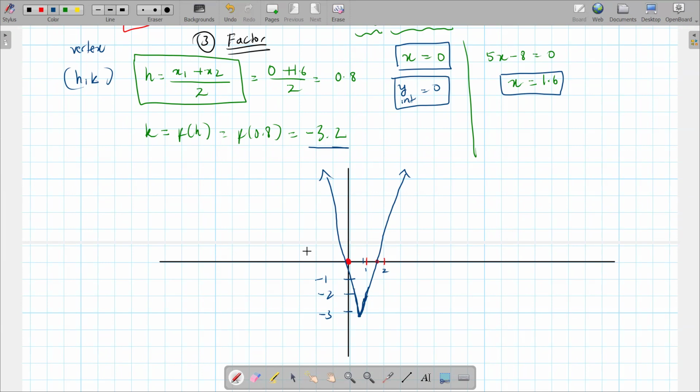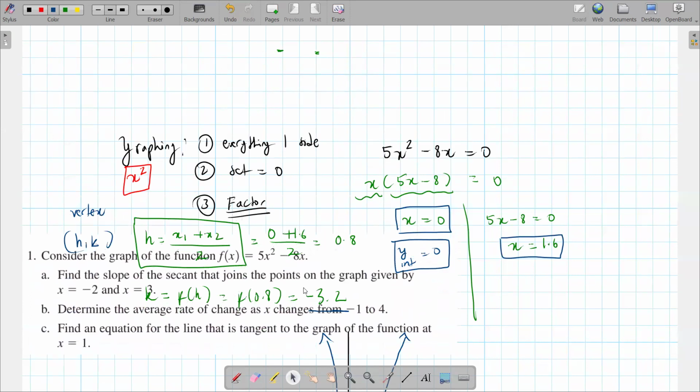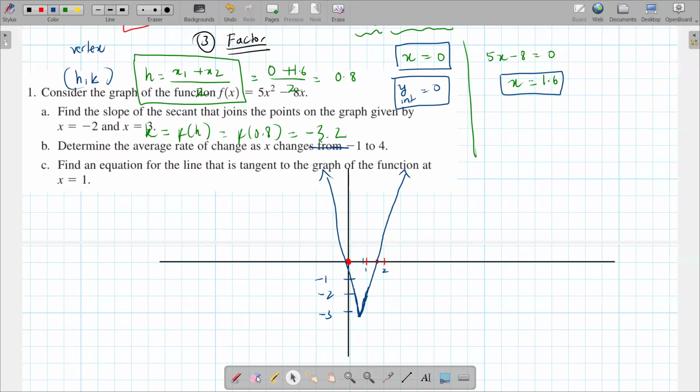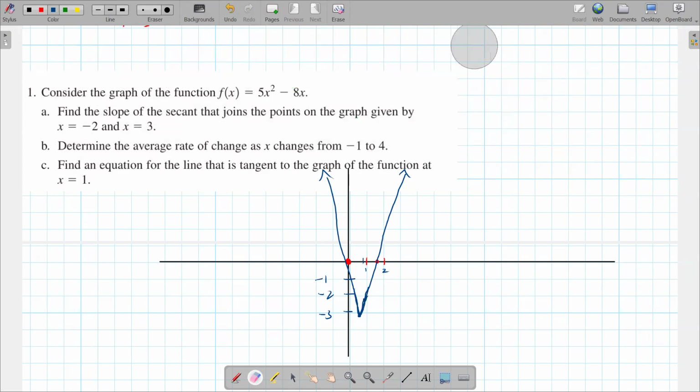Now let's start answering the questions. Question A. It says find the slope of the secant line that joins the point on the graph at x equals 2 and x equals 3.